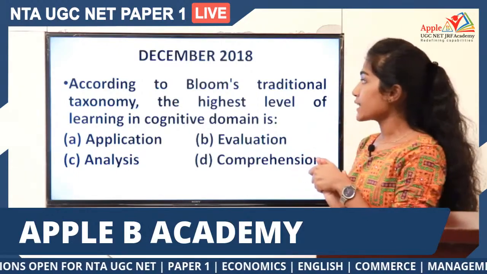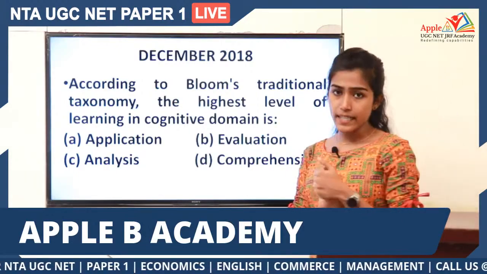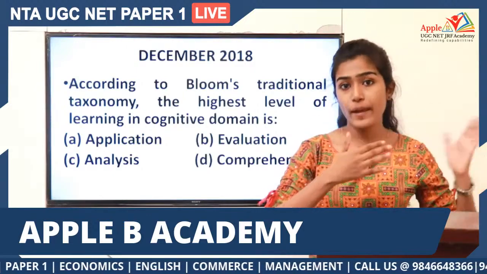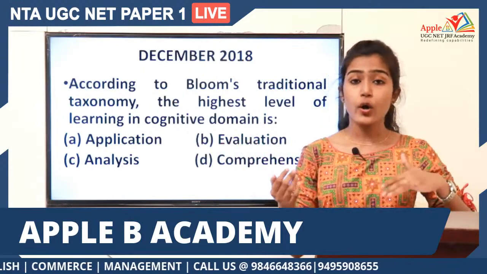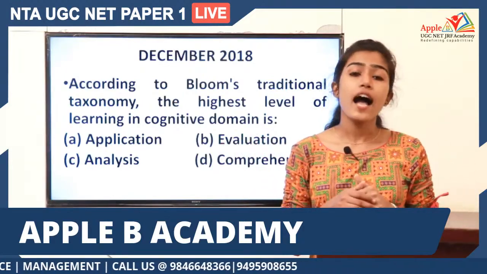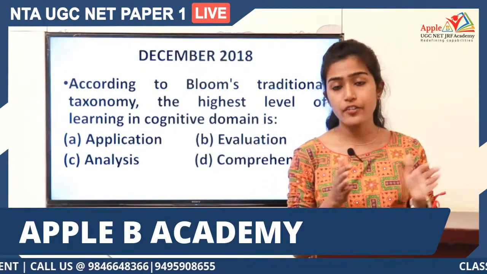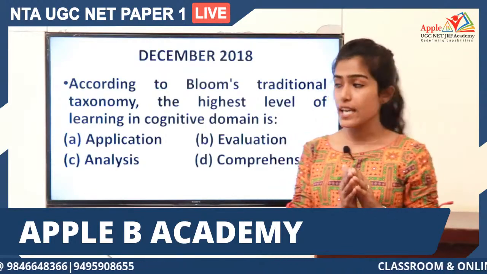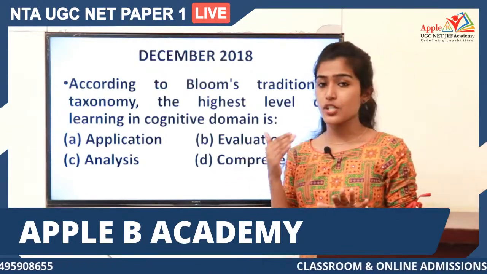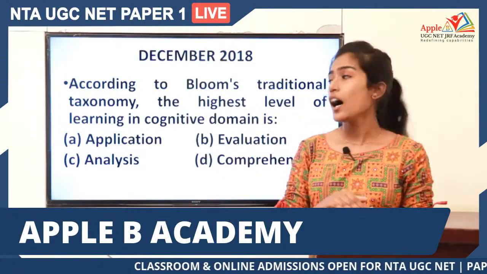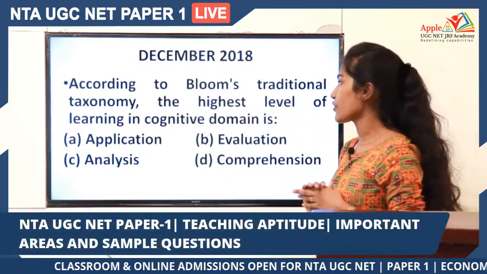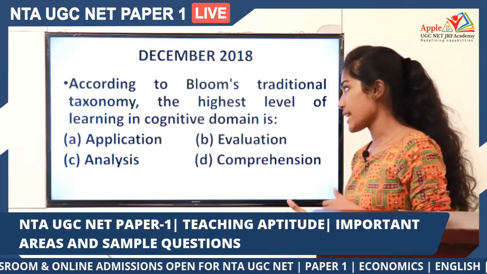So these are the types of questions that you can expect from these domains of learning. You will be getting questions like what is the highest level, or what is the lowest level, or questions where you have to figure out the right sequence of the various levels of learning associated with the cognitive domain, affective domain, and psychomotor domain, and so on and so forth. So those types of questions will be asked from this area.